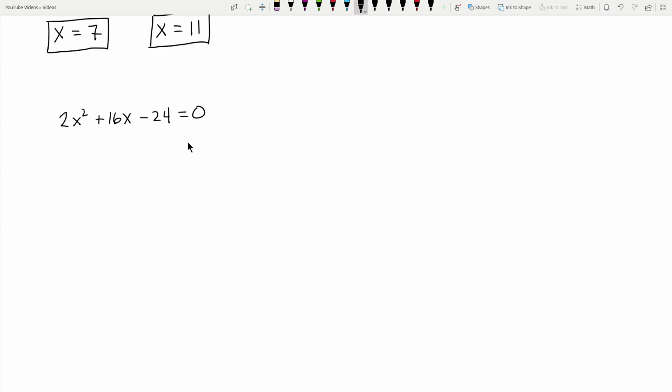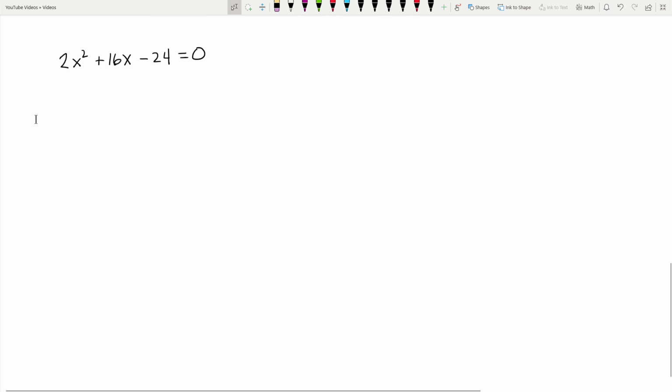equals 0. Now I mentioned at the top of this that in order to do this you need to know how to complete the square, so I will link to my most recent video on how to complete the square and the technique that I used for that in the description of this video.